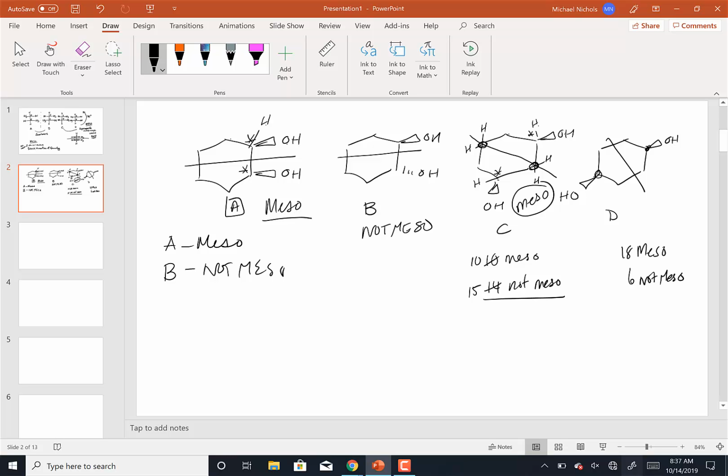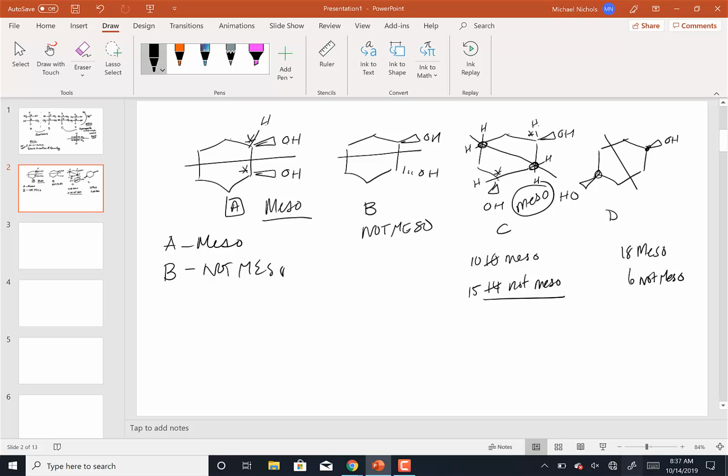No. Make it like an X. So, yeah, right there. Like that? Yeah, can you do that? No. If that's the mirror plane, then that means the OH would have to be here and here. In other words, the other thing you're doing with the mirror plane is you're just folding around it. So if there's an OH here, it has to go through the mirror plane to the other carbon on the other side. So that one is not a mirror plane.